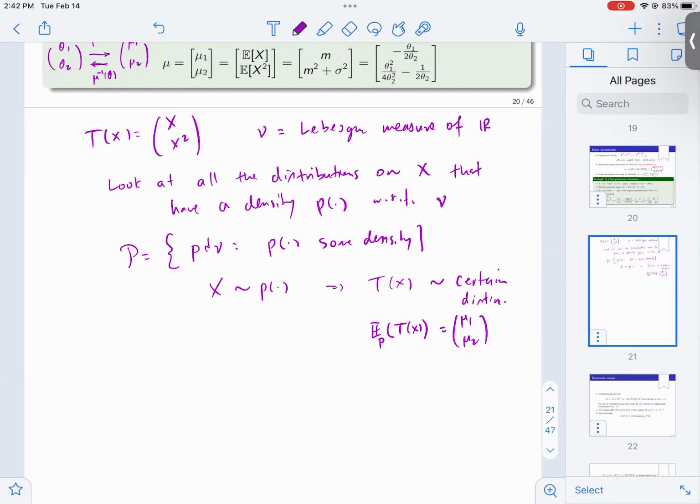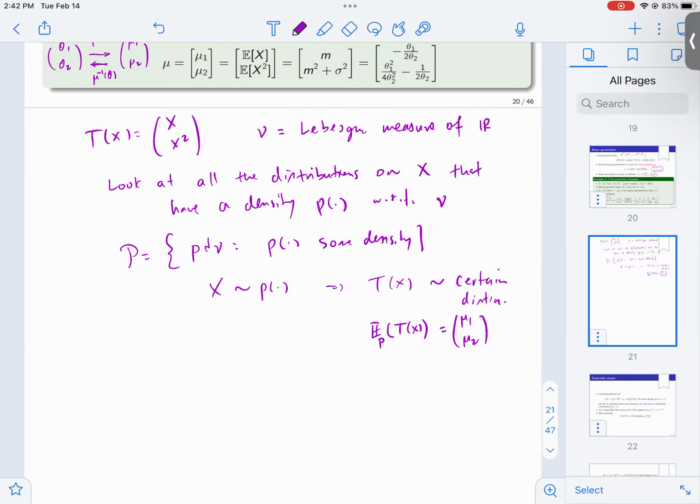We're looking at the family of probability distributions. The family is pretty big because I'm looking at all distributions that have densities with respect to Lebesgue measure. So I can parameterize by the density. If you want to think about it, theta here would be this entire density. Okay, so that's my parameter.